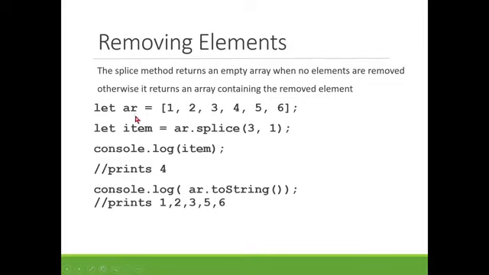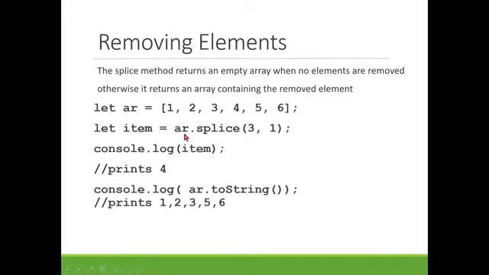Let's get back to this. Let's say we have our array and it's 1, 2, 3, 4, 5, 6. If we want to remove an element, we can say ar.splice index 3, and we want to remove one element. So 0, 1, 2, 3. That's going to remove the value 4, and because we have a 1 here, it'll only remove that one value.